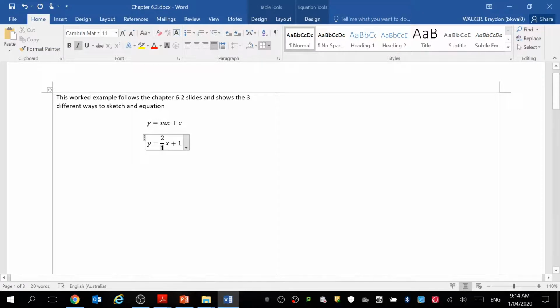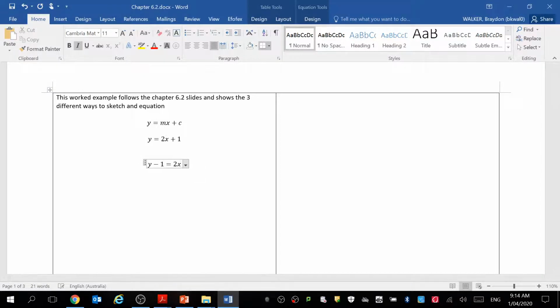Now, if I was to take this equation and perform the following, let's say we move the plus 1 over here. This is still a linear equation. We still have a y equals mx plus c. We have an m and a c value. We just might need to rearrange it before we're fully comfortable.